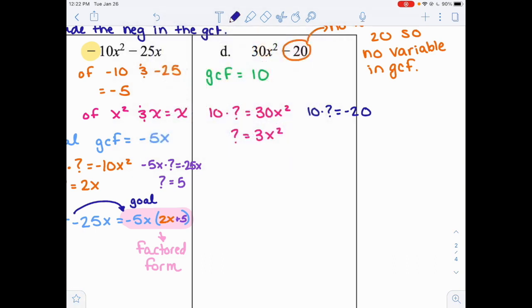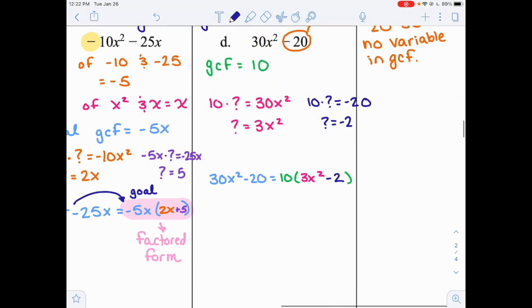And this one, question mark equals negative 2. So I'm going to end up with 30x squared minus 20 comes out to be the GCF, which is 10, times 3x squared minus 2. And that is factored form here.